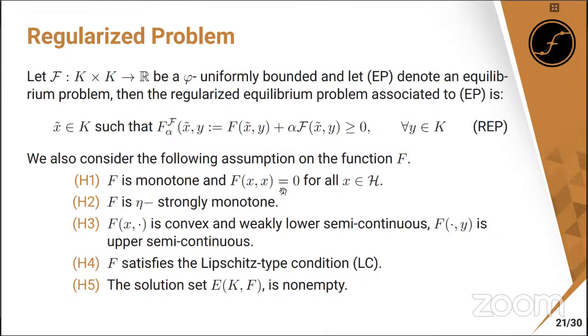As you said, multi-objective optimization is a subclass of the equilibrium problem. I can also say that vector optimization, multi-objective optimization, and multi-criteria optimization are all subclasses.